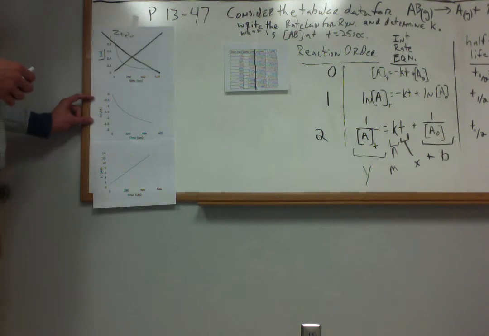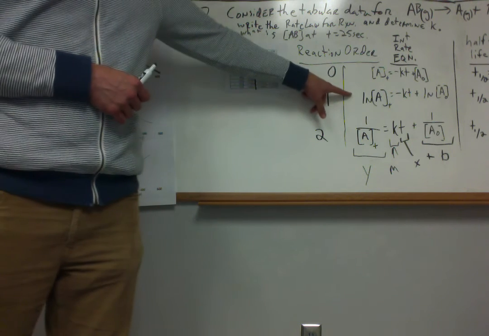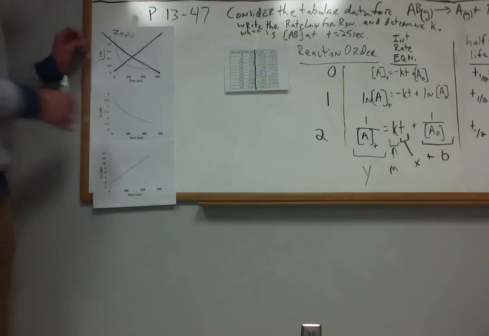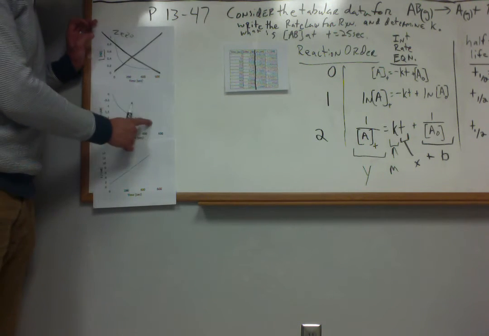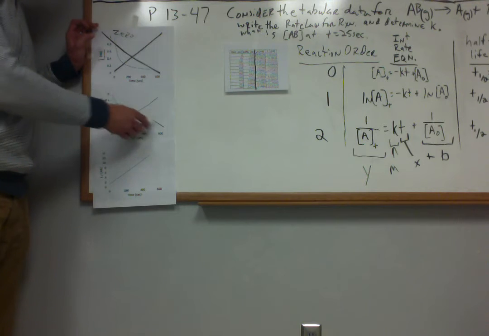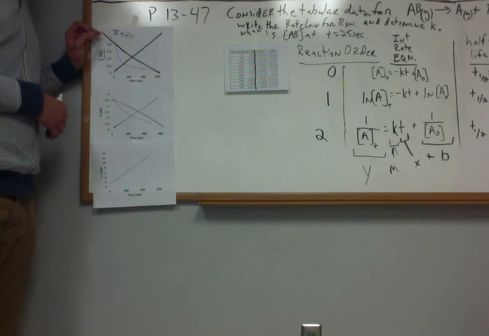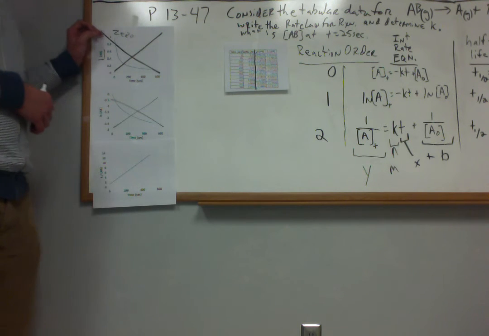So in this middle plot, I've taken the natural logarithm of the concentration and plotted that as my y variable, and my x variable is still time. If that was a line, I would have a first order process. But if you can see the plot, it goes like this. It's not a line. Not a first order reaction as a result.